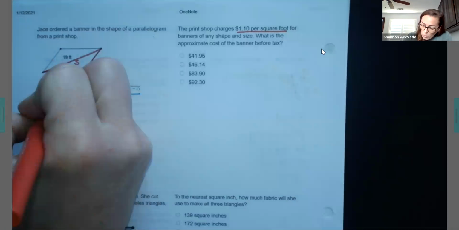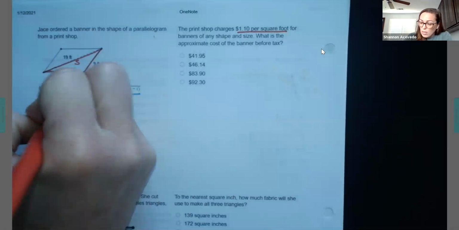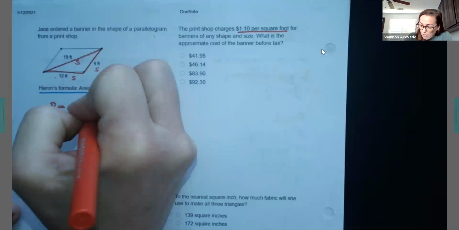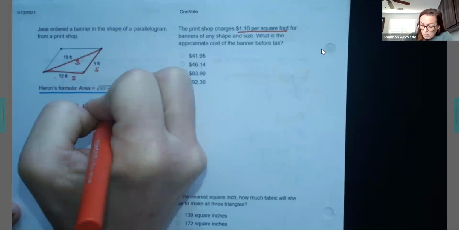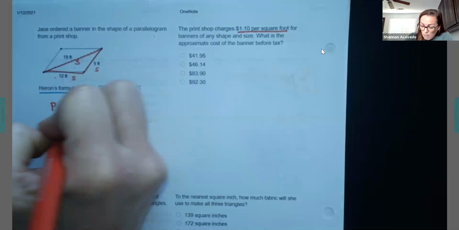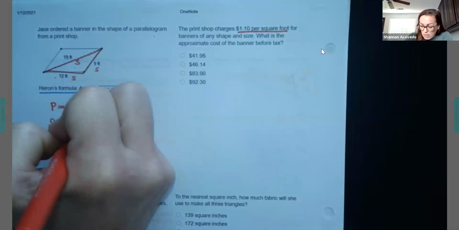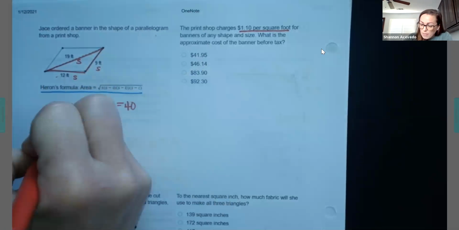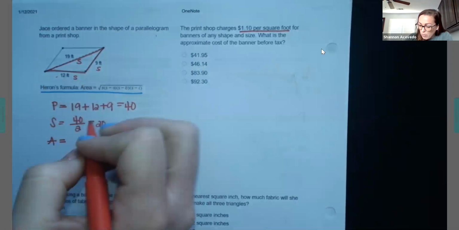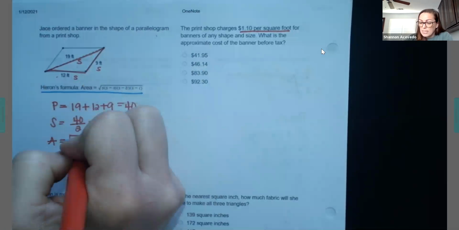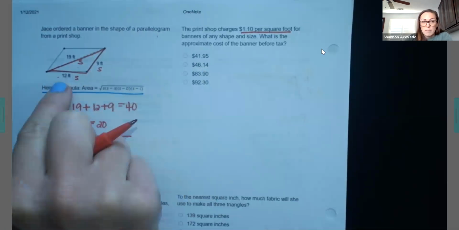So my perimeter of this triangle is going to be 19 plus 12 plus 9, which is going to be 40. Then my value of S is half of 40, which is 20. Then the area of the triangle is going to be the square root of 20, so my value of S, and then it's S minus each one of these values.